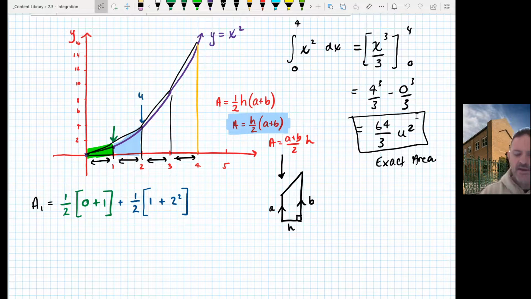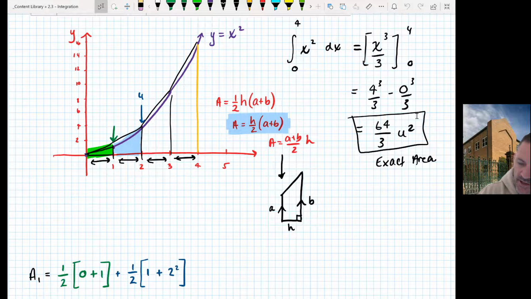All right. And then I need to do the next one. Now, I'm going to move that down a little bit because we're going to do 4 applications of this. Yeah, it is pretty lengthy, unfortunately. Let's do this one in yellow. So this particular trapezium here in yellow, we've got height on 2, so that's 1 on 2.